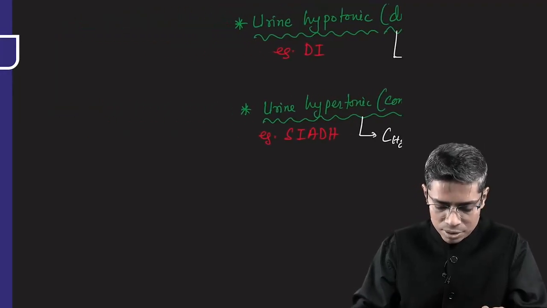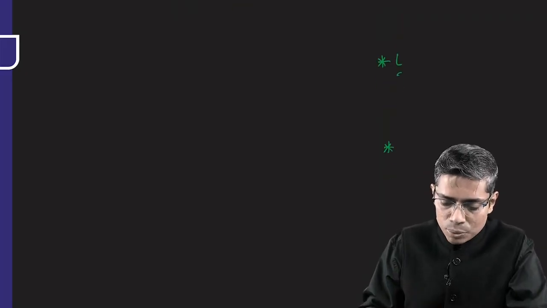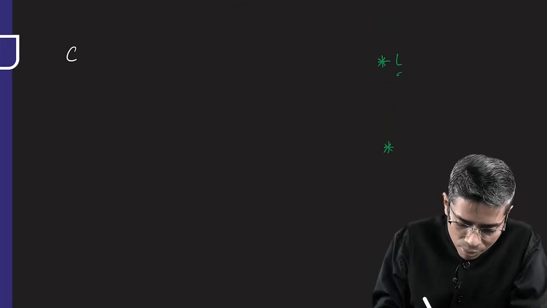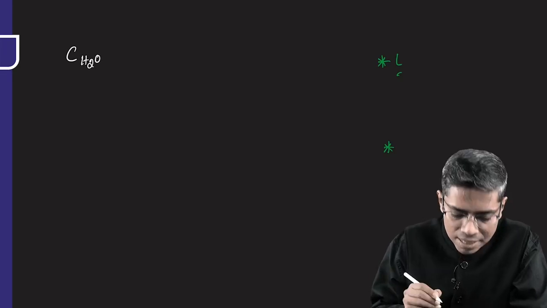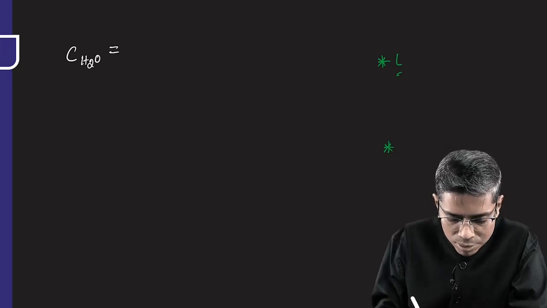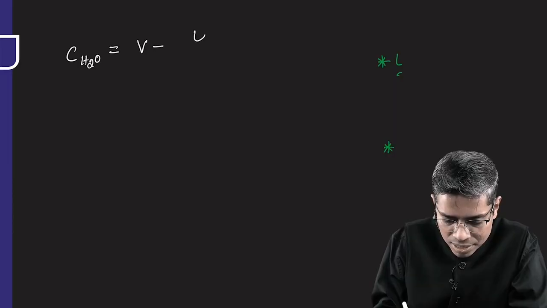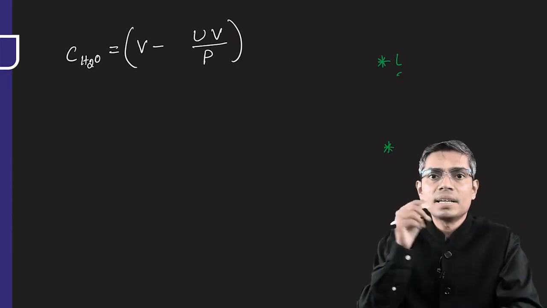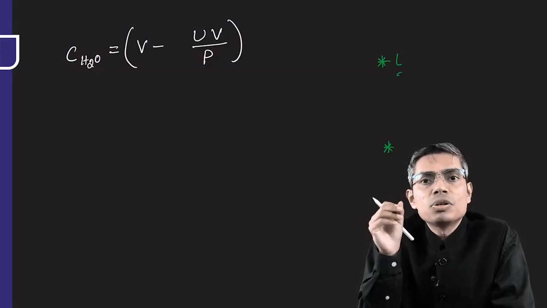But if you look at books, some of them give you the free water clearance concept with the help of an equation. So we will also write down that equation. The free water clearance equation is written like this: CH2O is equal to V minus UV upon P. What is V? I told you earlier in the concept of clearance, V is equal to urine flow.